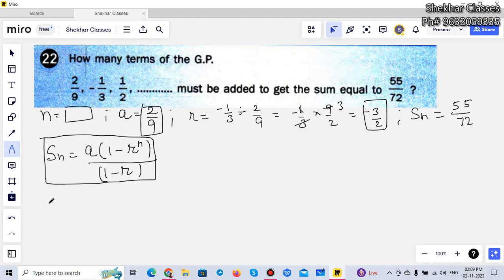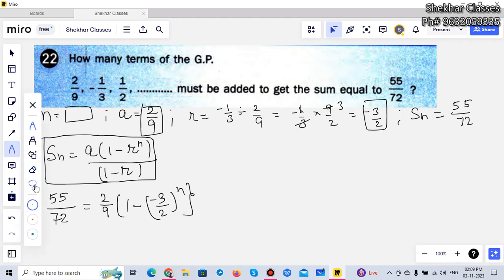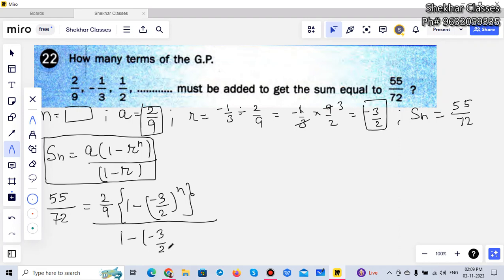What is Sn? 55 upon 72 is equal to a, which is 2 upon 9, into 1 minus minus 3 by 2, the whole power n, and we do not know the value of n, so we will use the same here, and this whole thing upon 1 minus minus 3 by 2.